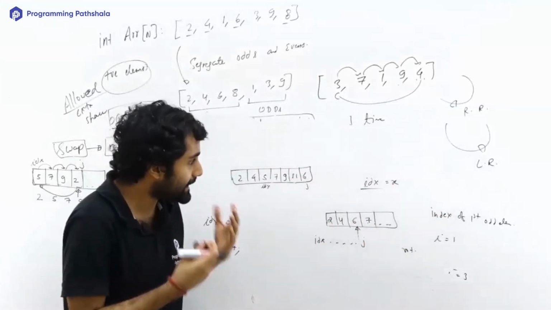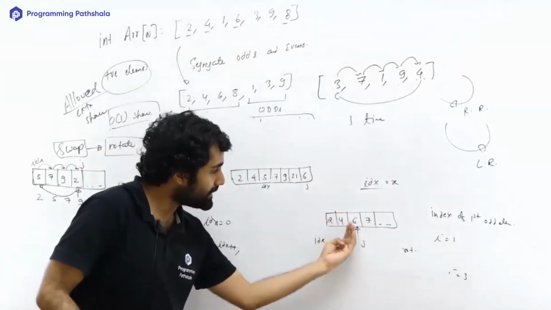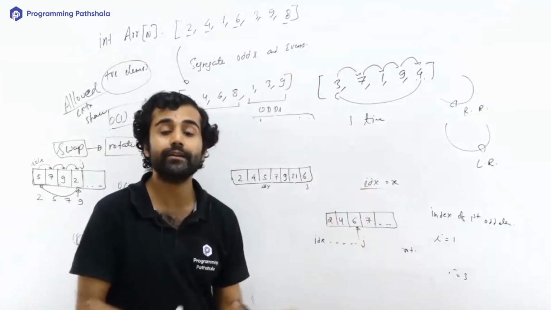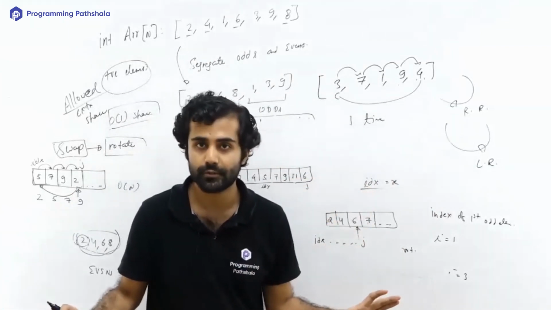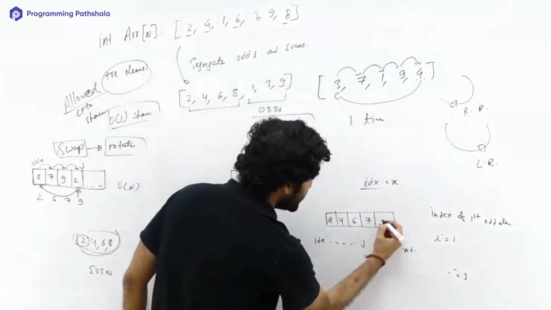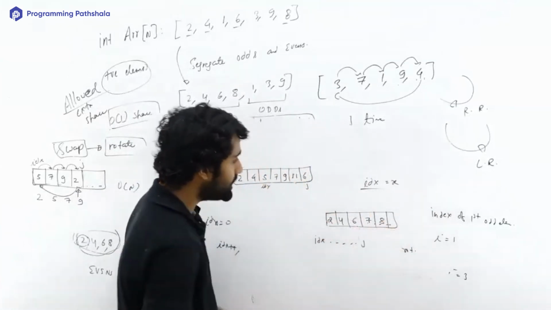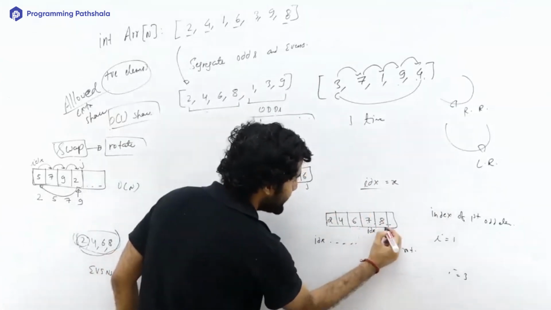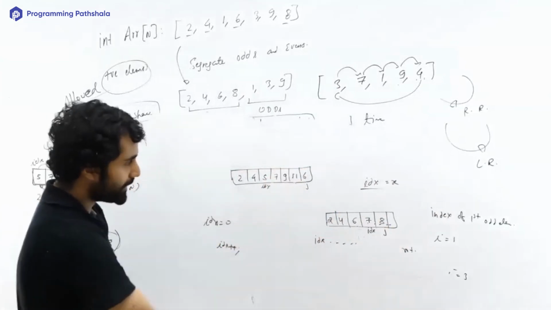And now what you can do is, if you ever see that there is an even element which is coming before idx, then you don't need to do anything, okay? But on the other hand, let's say if you were here and you saw an 8, then it makes sense to perform a rotation from idx to j, and that rotation should be a 1 unit rotation.